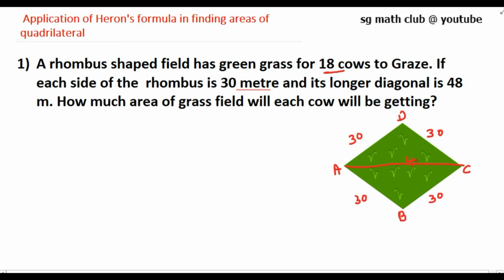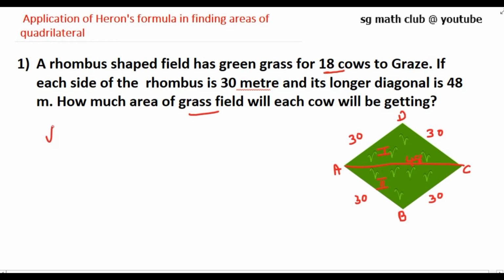We need to find out how much area of grass field each cow will be getting. So this diagonal divides the rhombus into two equal parts. We need to find the area of this triangle using Heron's formula. After that we will find the area of the grass field that each cow will be getting.